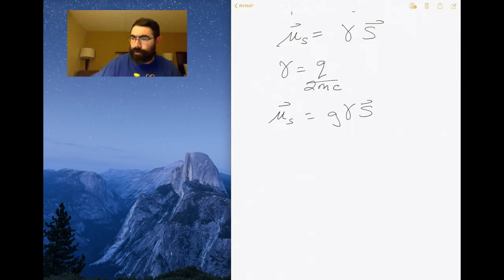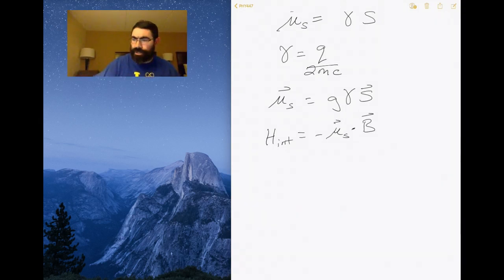So if we wrote down our interaction Hamiltonian, again, it'd be minus mu sub s dotted into B, which I can write down as the magnitude of it being G Q over 2mc, the spin dotted into the magnetic field.